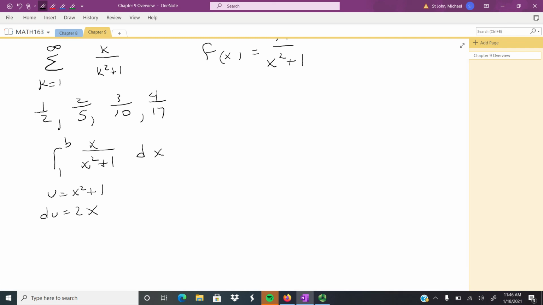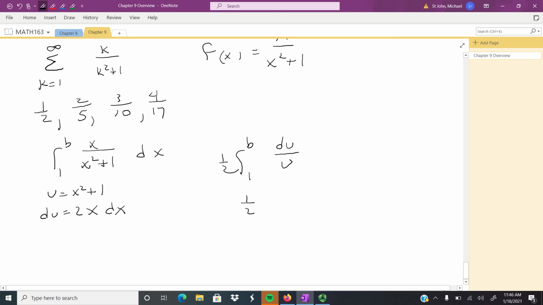And so now this is going to be the integral from 1 to b of du over u, and my factor here is going to be 1/2.